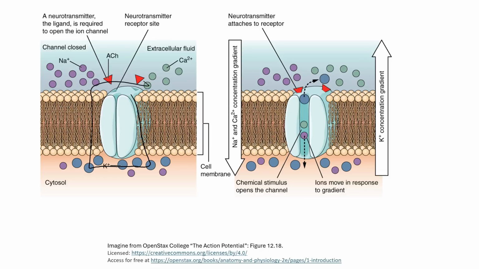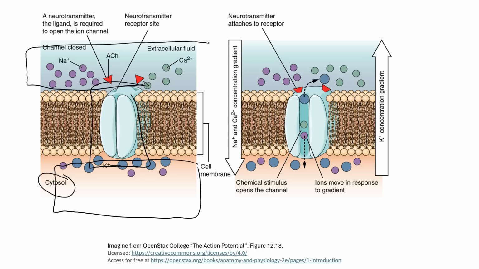Now, this would be the inside of the neuron, so the intracellular fluid or the cytosol. Out here would be where the synaptic cleft is located, right? And within that synaptic cleft, there would be fluid.